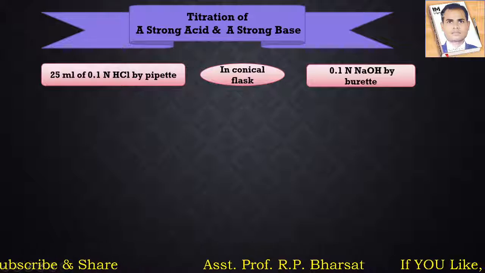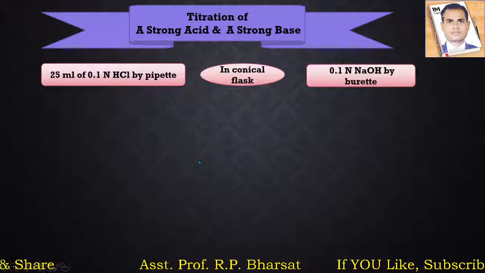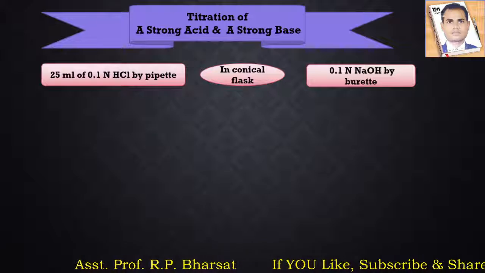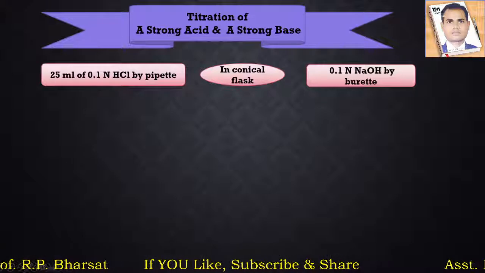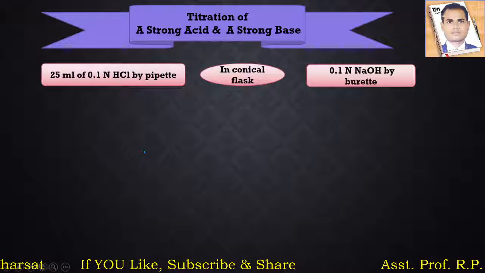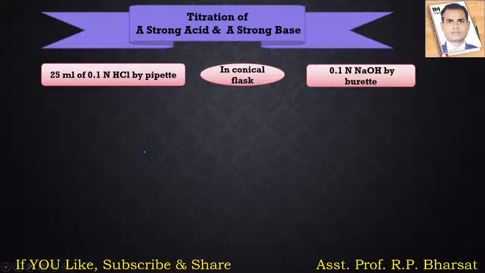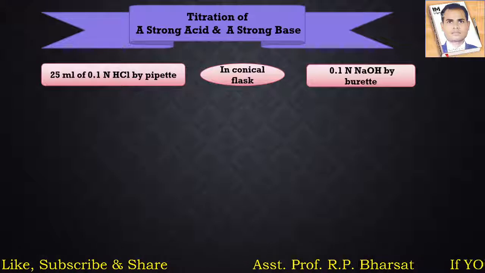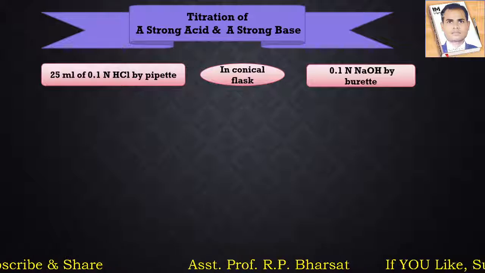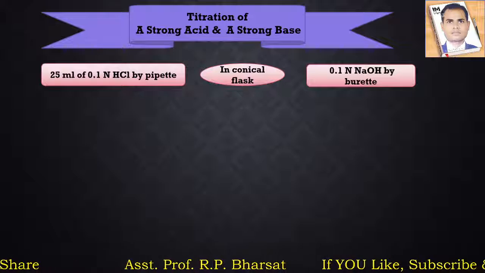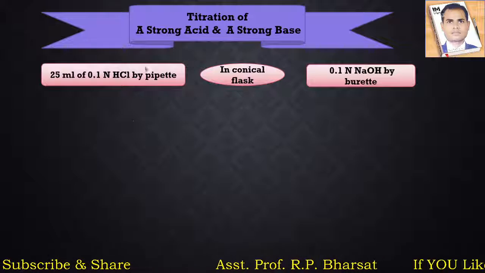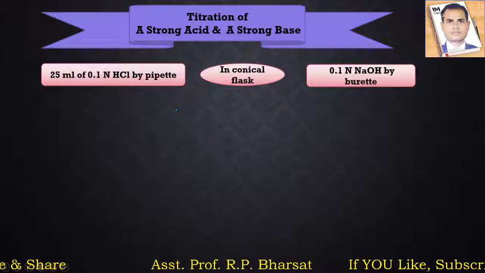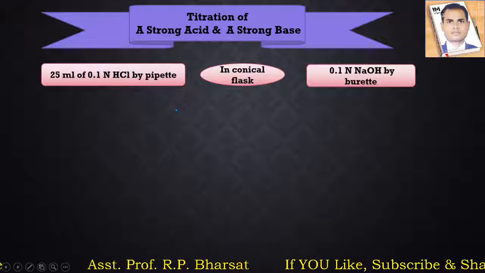We know that HCl is acidic, that means the pH will be less than 7. The concentration of HCl is 0.1 normal, so you can conclude that the pH of HCl will be near about 1. If you add the base, that is NaOH, into the HCl, what will happen?